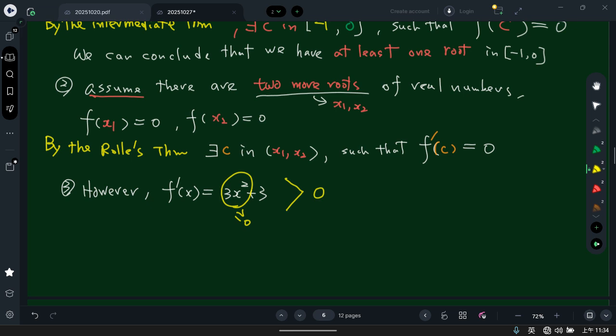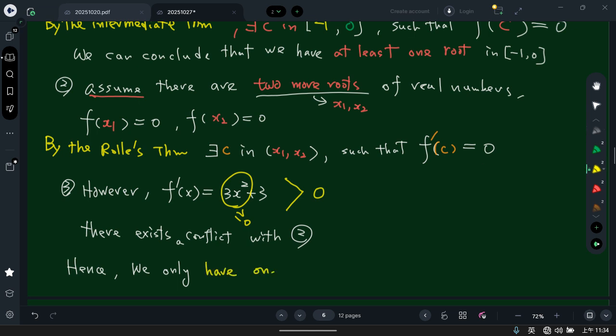So there is a conflict. Hence, the assumption is wrong, so we can only have one root for f of x equal to 0.